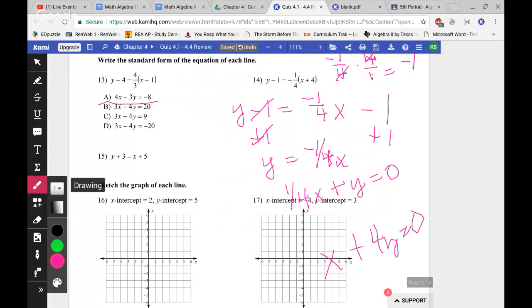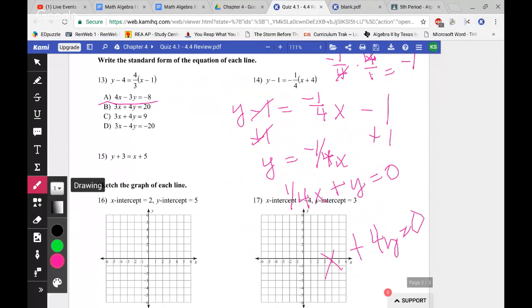So for the multiplication part, you just multiply by the denominator of the fraction? Yes, ma'am. That way you eliminate the fractions all the way through. If there were two fractions, you would multiply by a common denominator. That way you could get rid of both of them. If you don't want any fractions in there, that's how.